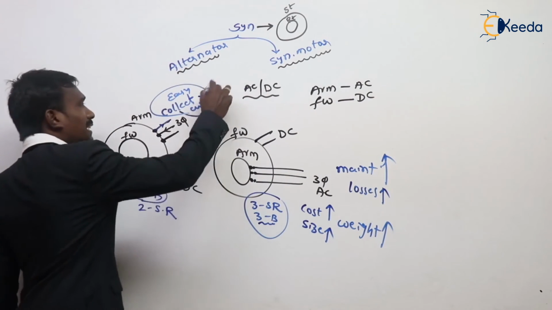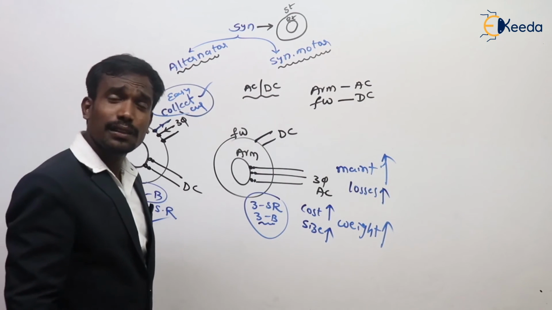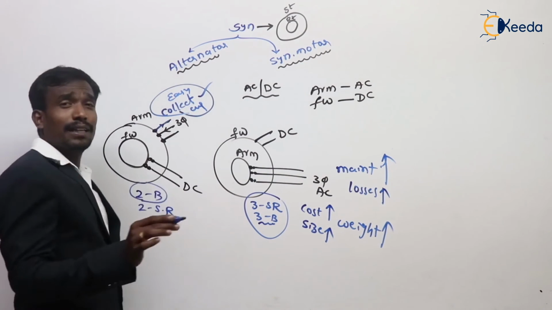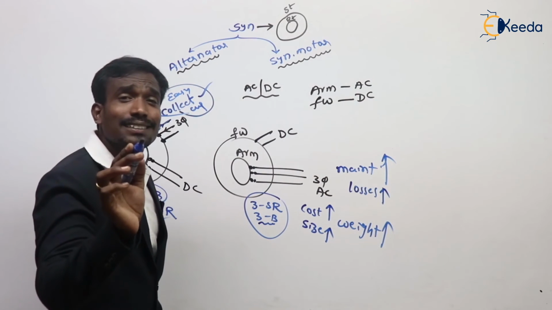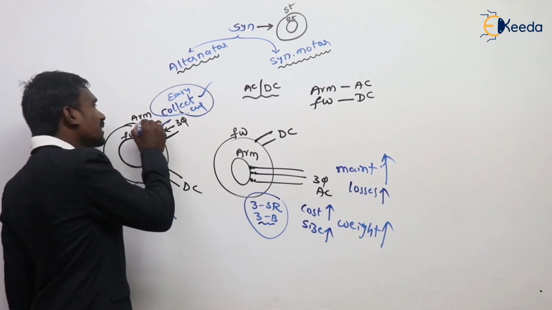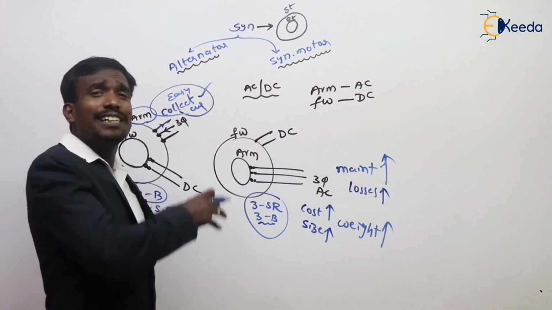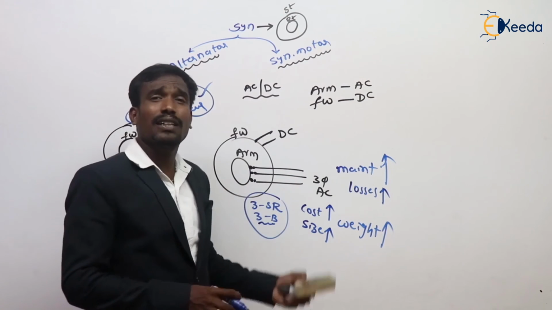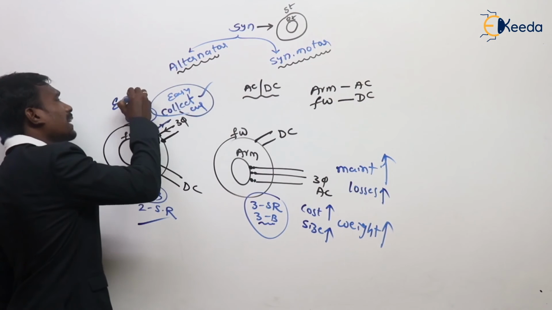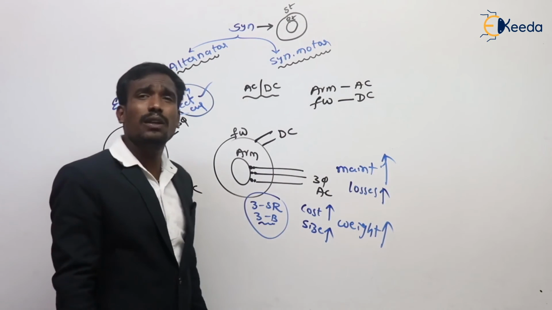So: easy collection of current, fewer slip rings and brushes, and easy insulation, since the winding is on the stator. Cooling is also easy here, but somewhat difficult there.